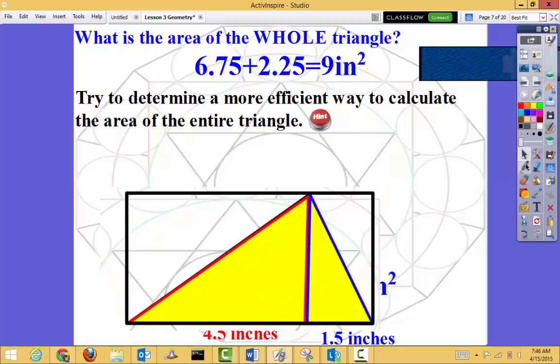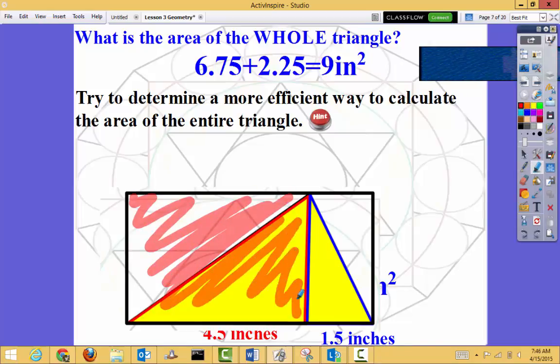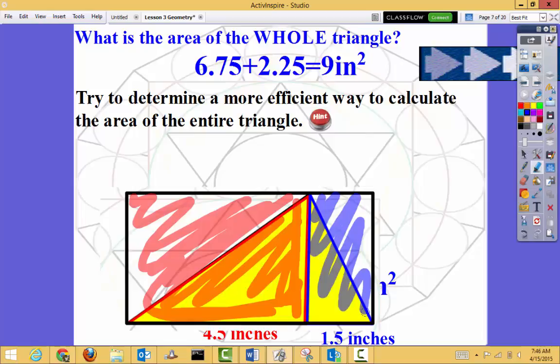Well, that easier way is, what if I think of this triangle as being inside a rectangle again? Well, I should notice that this red triangle is half of the area of this, and the blue triangle is half of the area of this.